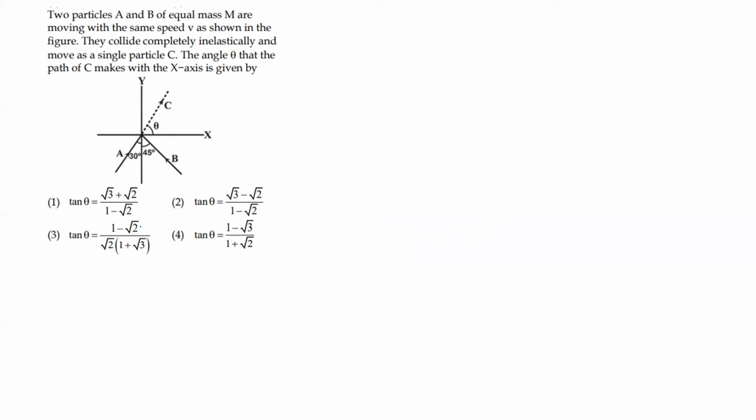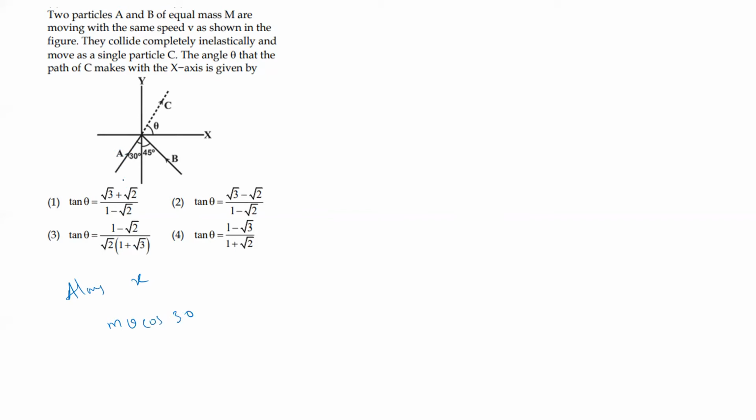First we will take along the x-axis. Take the first particle before collision: this is m, and the velocity, since they are moving with the same speed, is V cos 30.